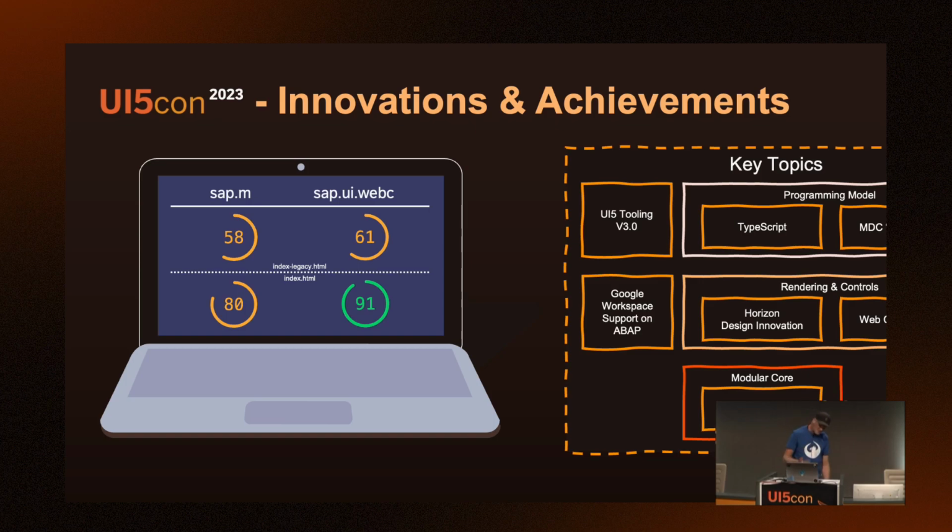So it's not green, it's not a 91, but it's at least an 80, and if we make the same things we did in the core in the M library, we could also come to a green score in the future. It's mainly the cleanup of the controls, where we need to reduce the dependencies in the controls so that they don't pull too much. And then we are also able to reduce the footprint of the SAP M library.